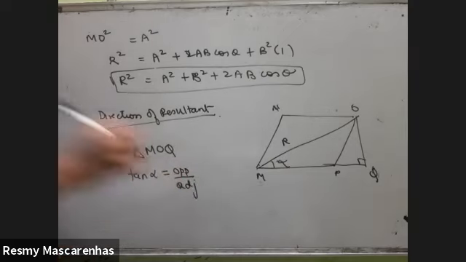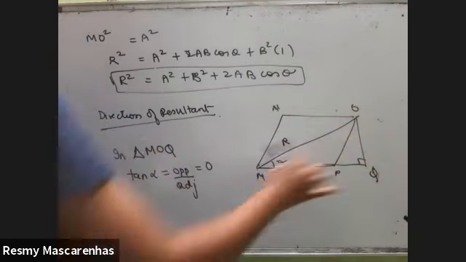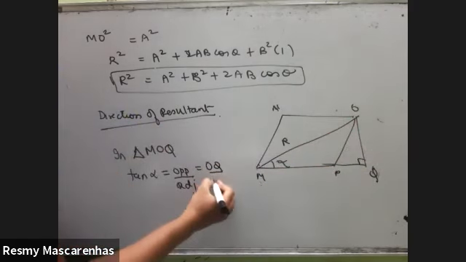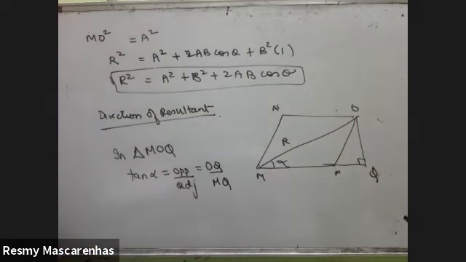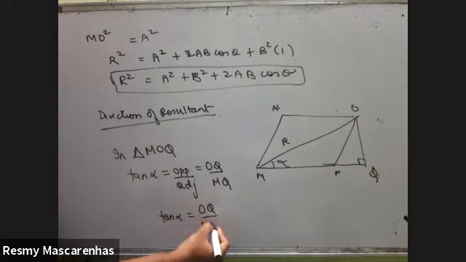Opposite side of the angle is OQ, and the adjacent side is MQ. So tan alpha is nothing but OQ, we'll keep it that only. MQ is again, I told you, of two parts, M to P and P to Q.